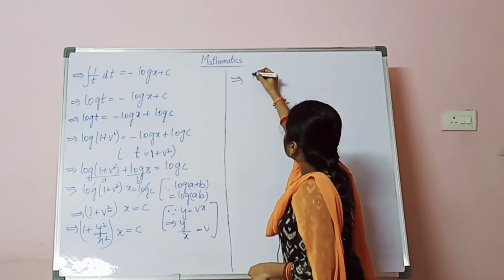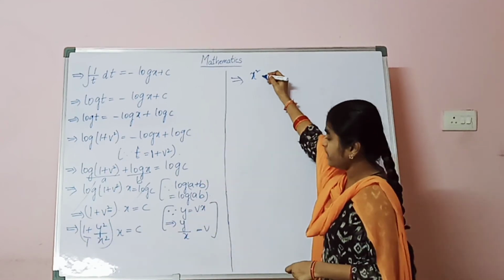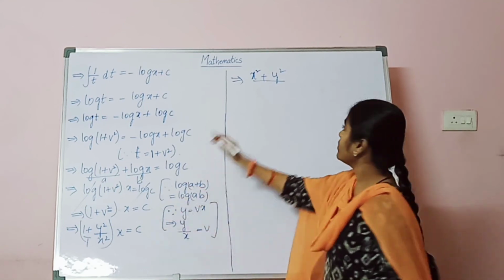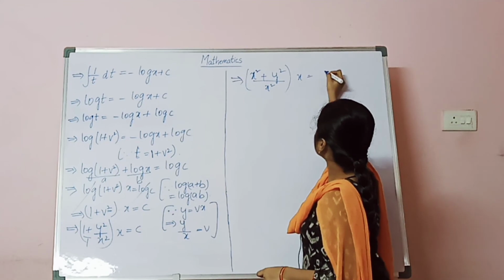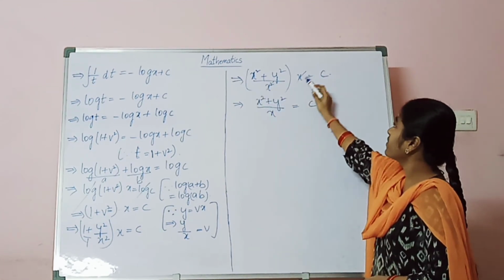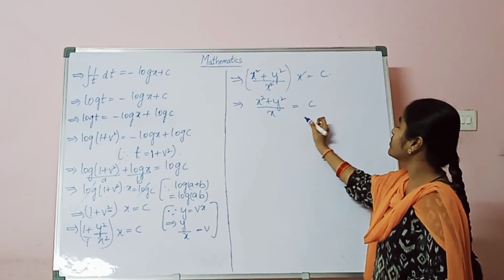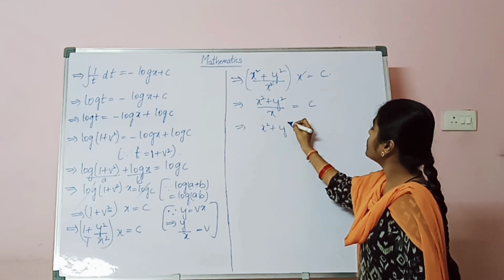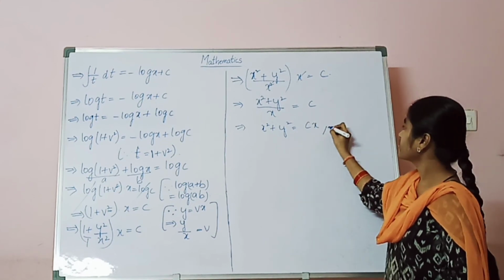We have to take LCM here. x square by 1. So x square plus y square by x square, after taking LCM, into x equals to c. That implies cancelling these x terms, what is remaining here? That implies x square plus y square by x equals to c. That implies x square plus y square equals to c into x.